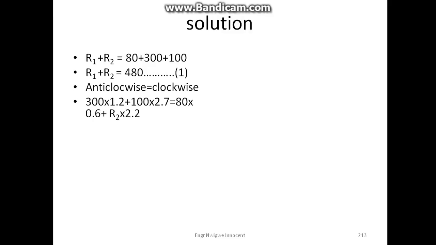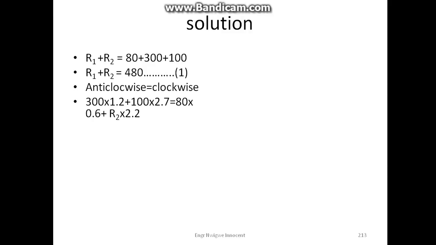Then another 100 Newton force, going clockwise too, times the distance from E to B, which is 0.5 meters plus 1 meter plus 1.2, which will give us 2.7 meters.